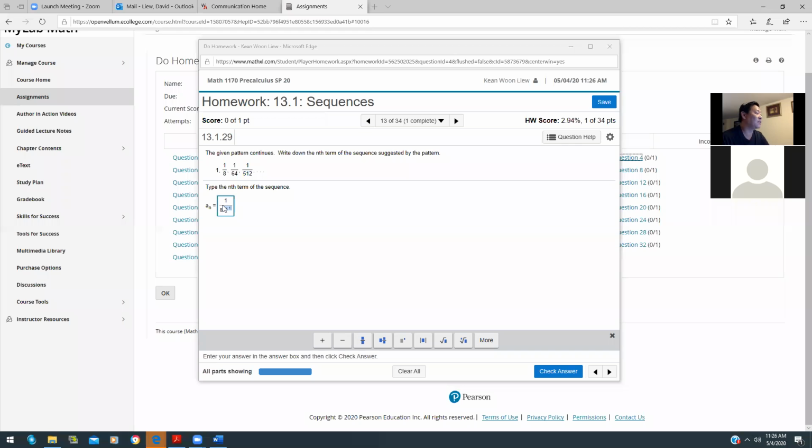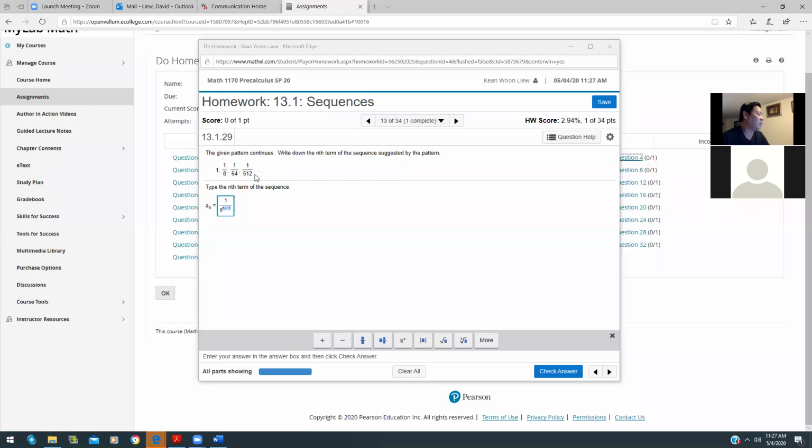Your second term is when n is 2. So you get 2 minus 1, which is 1, so you get 8. And then for the third term, 3 minus 1 is 2, and 8 squared is 64. So this is how you figure this out. We call this a geometric sequence, okay? Those students who know this, it's called a geometric sequence because we multiply by 8 every time.